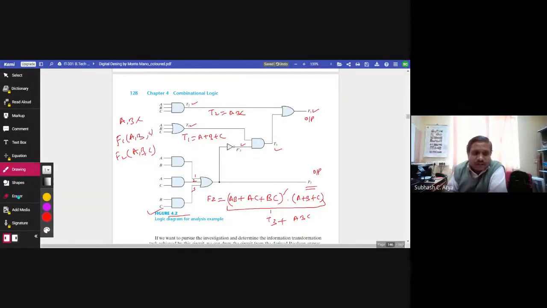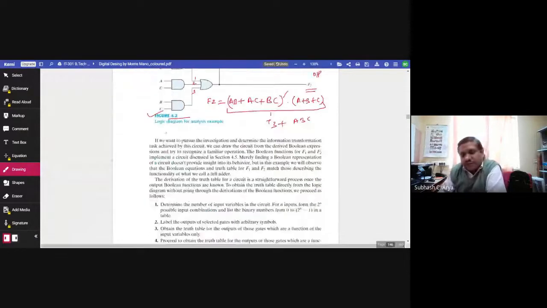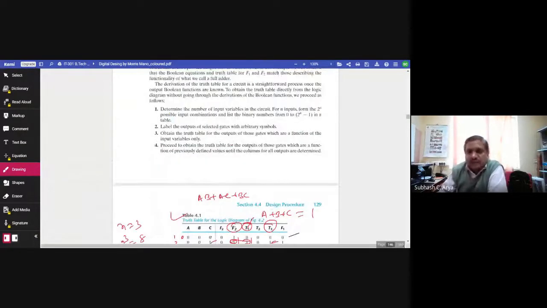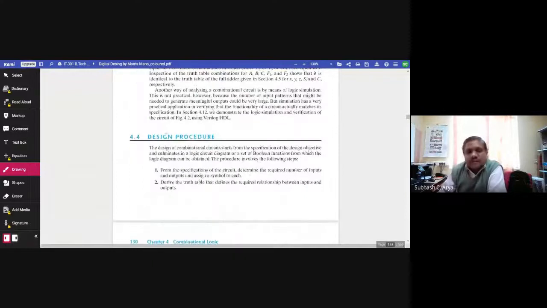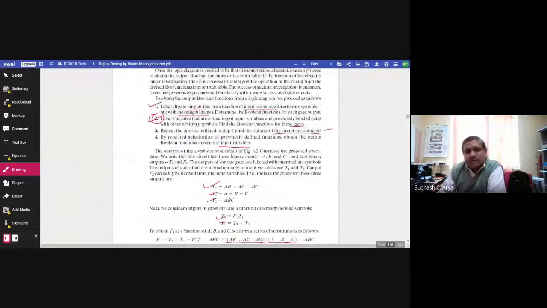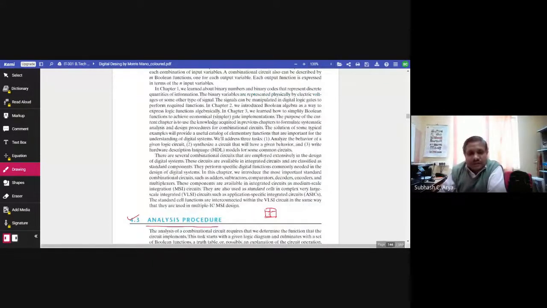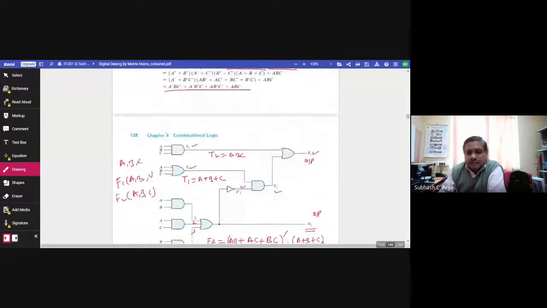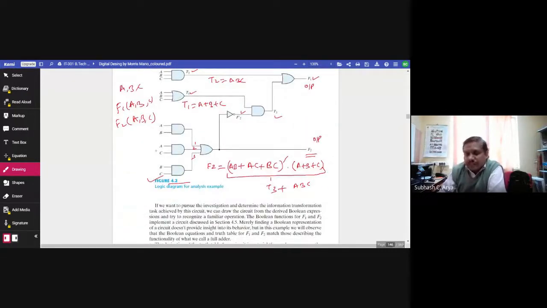So this topic was how to analyze a given Boolean circuit, or say a combinational circuit basically. So these are the steps. So this is unit section 4.3, analysis procedure, and with the help of an example we have analyzed. So the same question may be asked in an example, or say exercise. Some circuits are given, you have to find out the expressions of output.